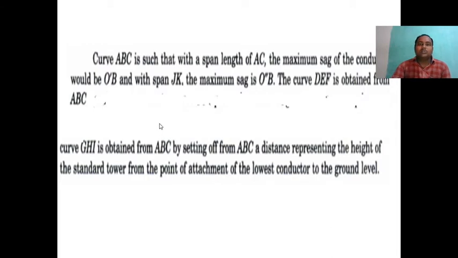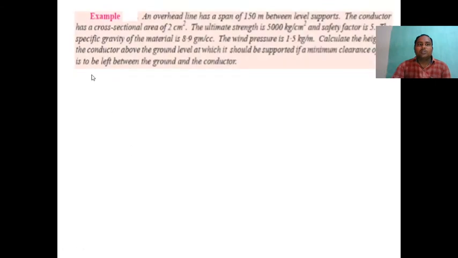Now we will solve some numerical problems. An overhead line has a span of 150 meters between level supports. The conductor has a cross-sectional area of 2 centimeters square. The ultimate strength is 500 kilogram per centimeter square and the safety factor is 5.